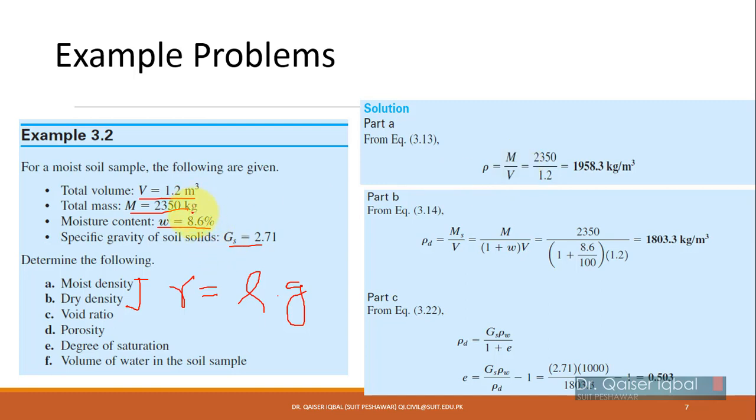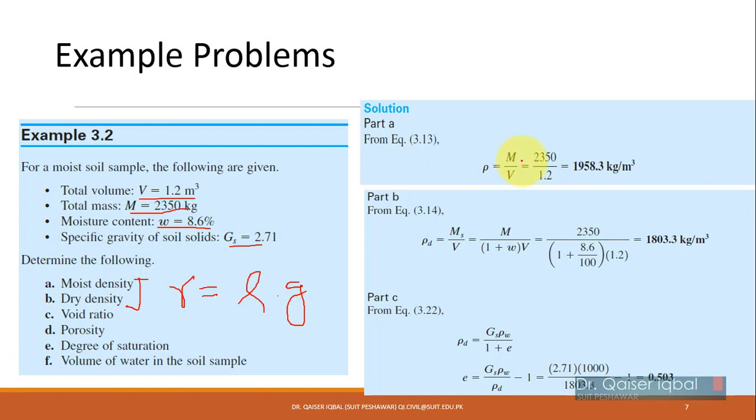If you are required to determine the unit weight over here and you are given the mass in kgs, you will multiply this by 9.81 and divide by 1000, and that will give you the total weight, not mass but weight. So the unit weight is weight per unit volume, and the density is mass per unit volume. The unit of mass is kg and the unit of weight is kilonewton.